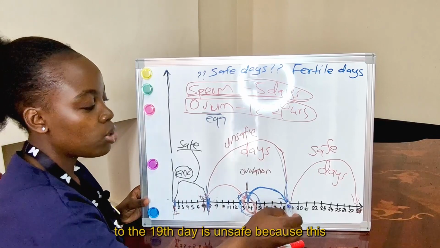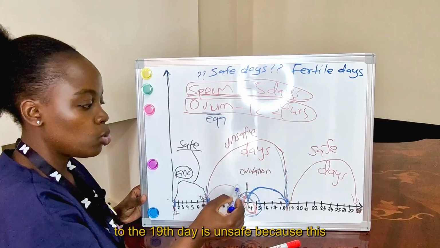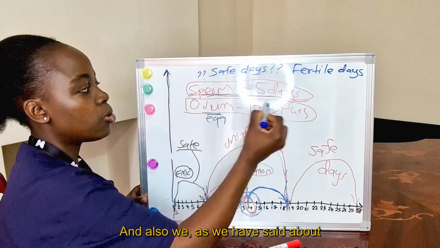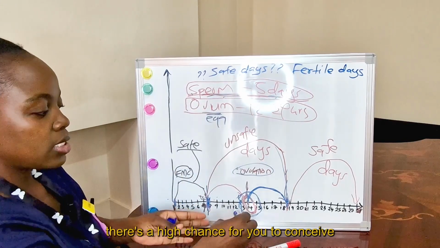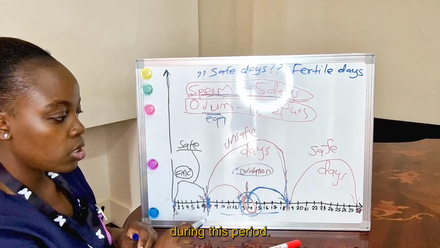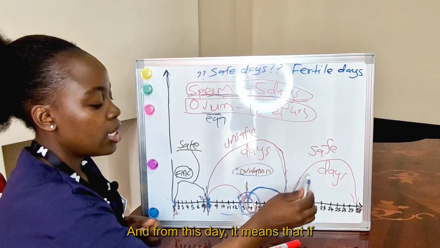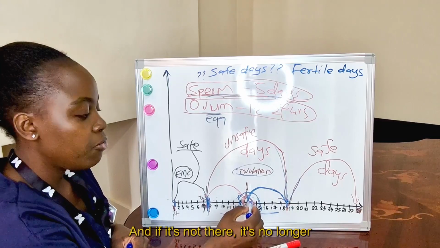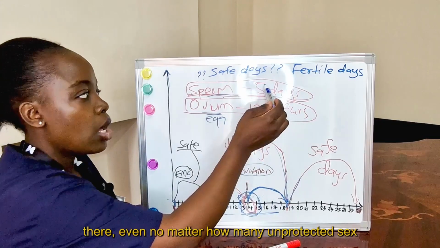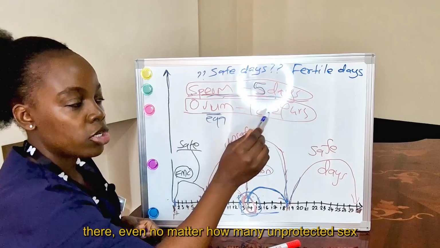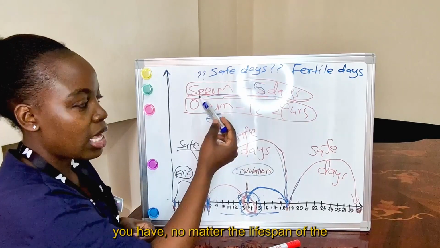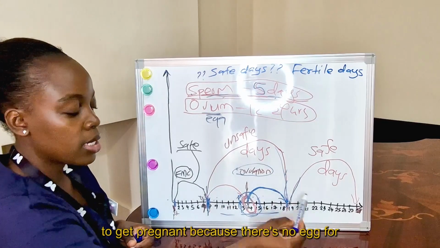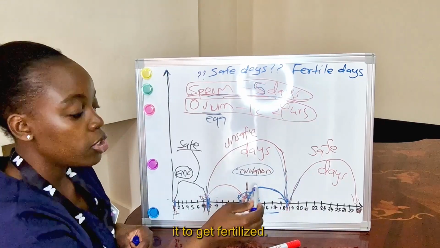From the 8th day up to the 19th day is unsafe, because this is when we have ovulation, and given the lifespan of the sperm, there's a high chance of you conceiving. After this, the egg is already dead, and no matter how many times you have unprotected sex, or how long the sperm lives, you're not going to get pregnant because there is no egg to be fertilized.